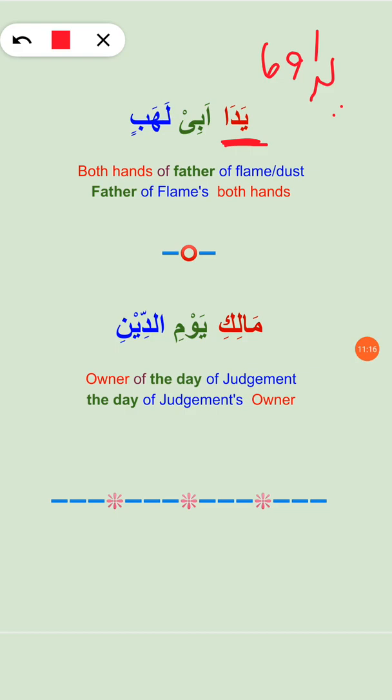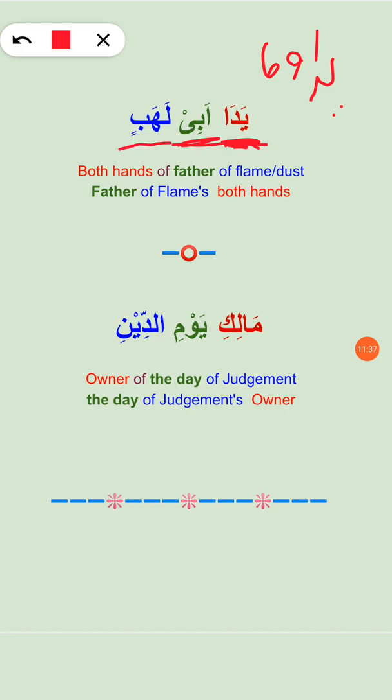All right, so it is actually two hands. Okay, the noon has been checked out, yadani. All right, what's next? Abi. Now this is actually the jar form of the word abu. All right, so it becomes abi in jar form. So this is Muzaaf Muzaaf Ilaih fragment. Yada abi, both hands of father.